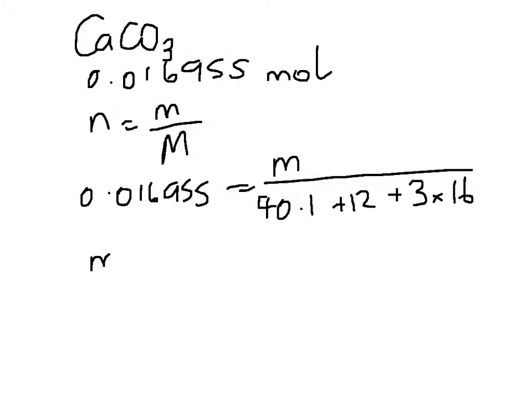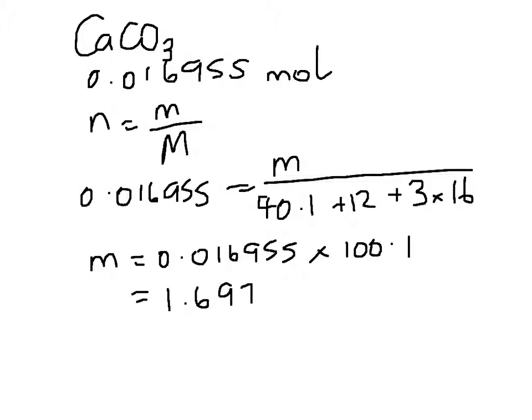So the mass here equals 0.016955 times 100.1 equals 1.697195 grams. It's okay if you've put less figures in there as you calculate that, but I'm just trying to be as accurate as possible to the end for you.